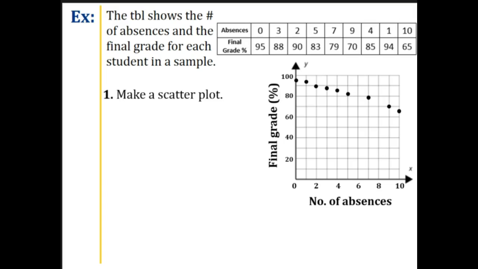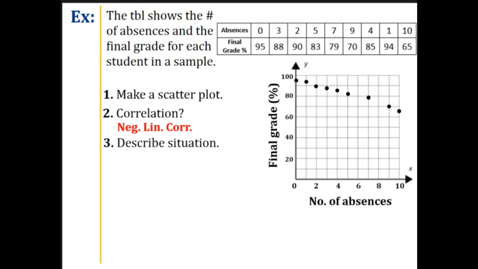So do you guys see a trend? What does the trend tell you? So let's use a sentence here. Let's make that correlation. What's our correlation? We have 4 choices. Negative linear. Okay, so our correlation is a negative linear, right?